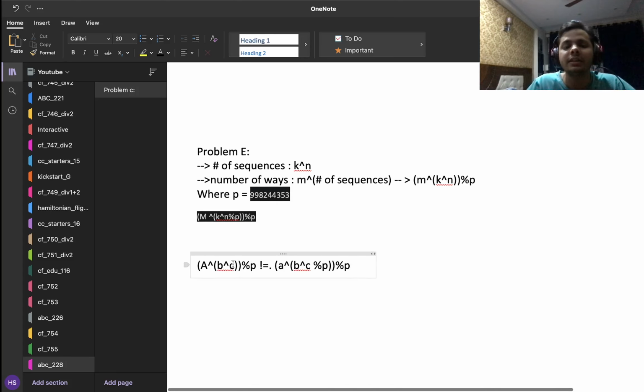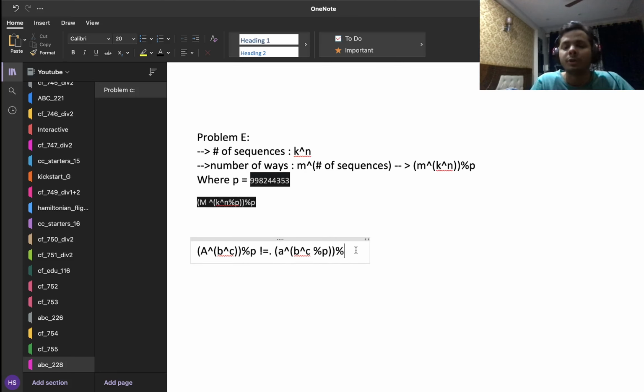So you can't just take the modulus of b raised to the power c by p and then just raise that to the power of a modulo p. So that is something you cannot do. So in a sense, what I'm trying to say is that this problem is not very simple. So let's see how to solve this.